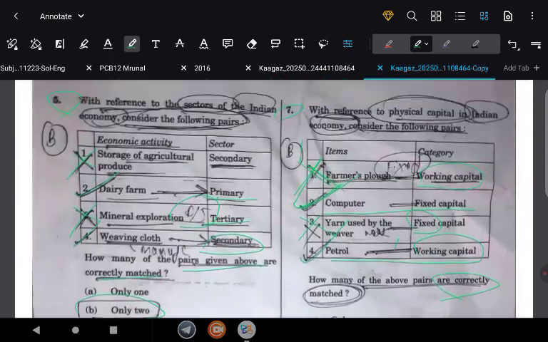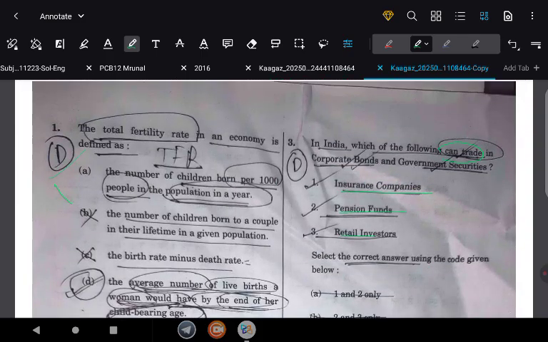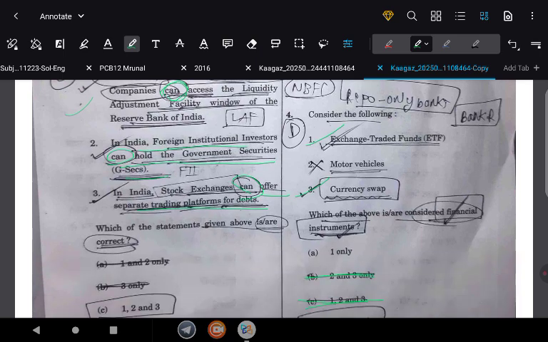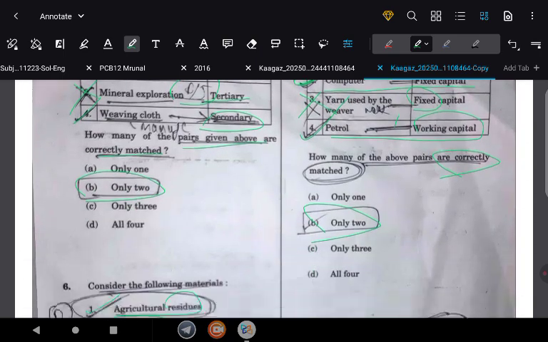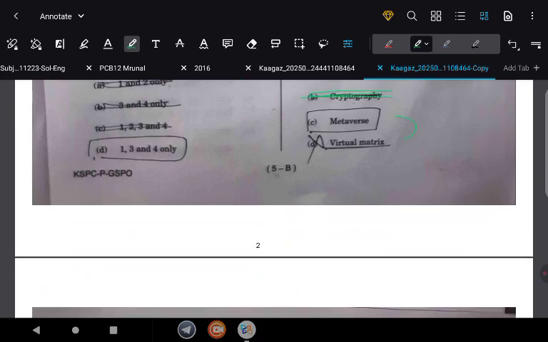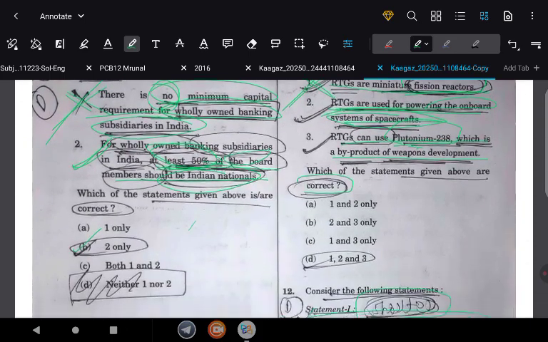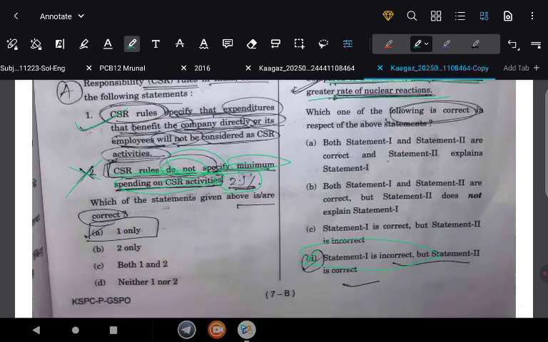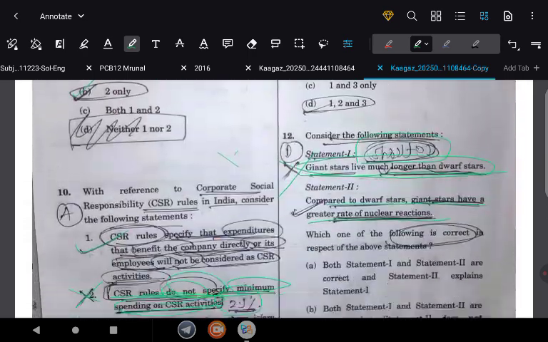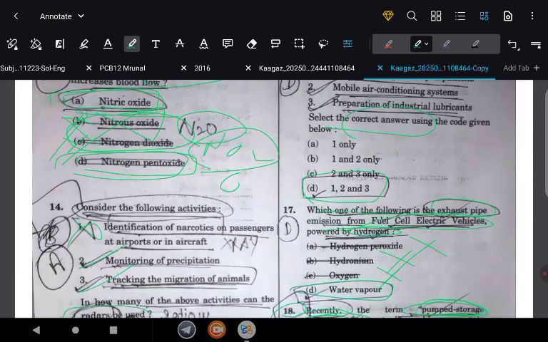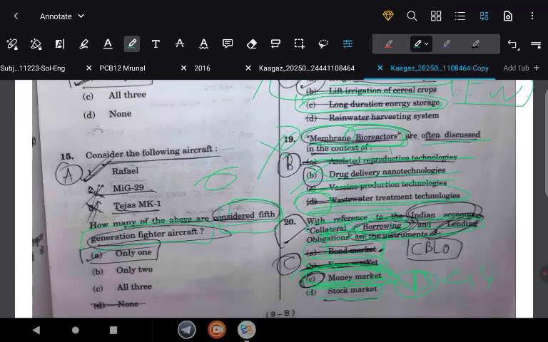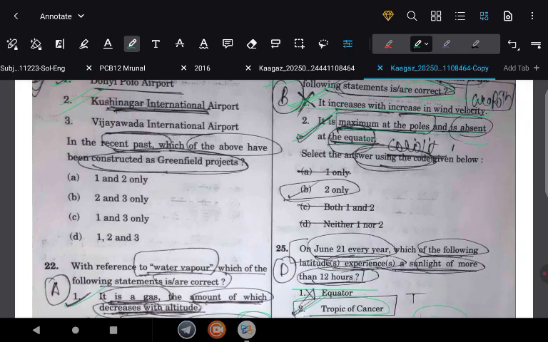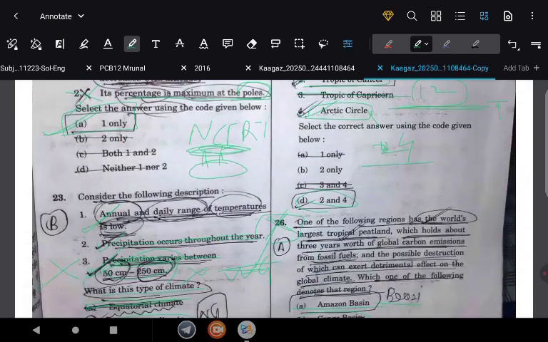So let's see how many questions I got right over here. By now, one, two, this question I also got right, three, four, okay, five, six, eight, okay, I had got this wrong, 8, 9, 10, 11, 12, 13, 14, 15.